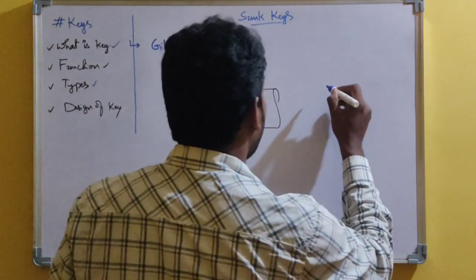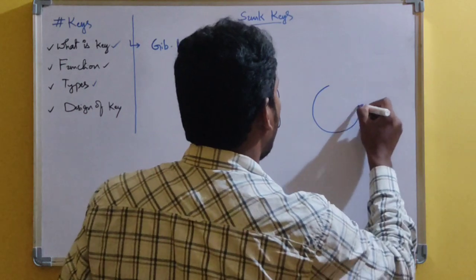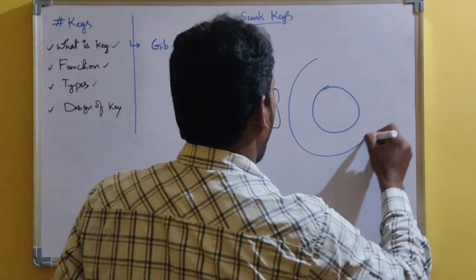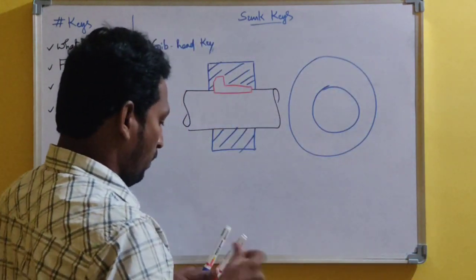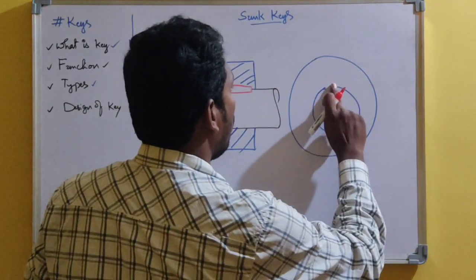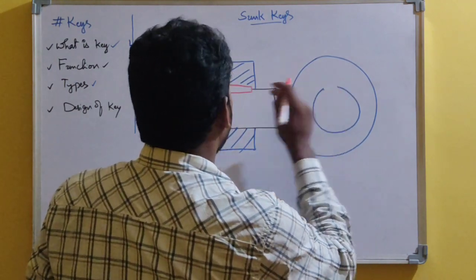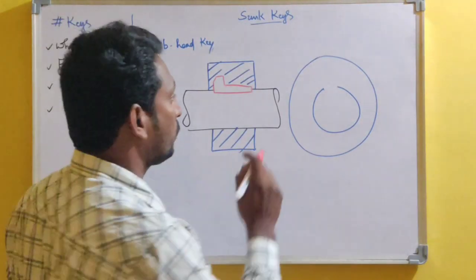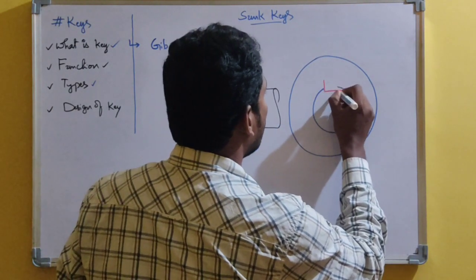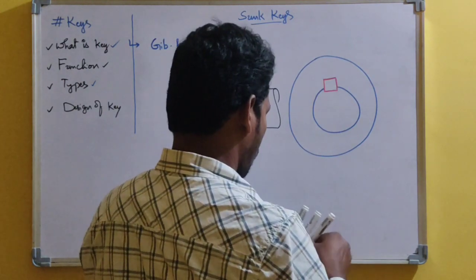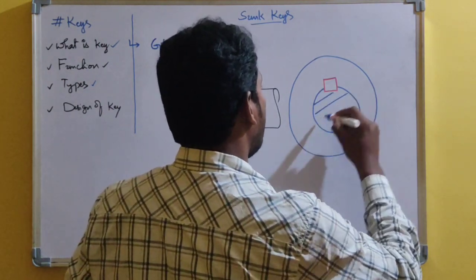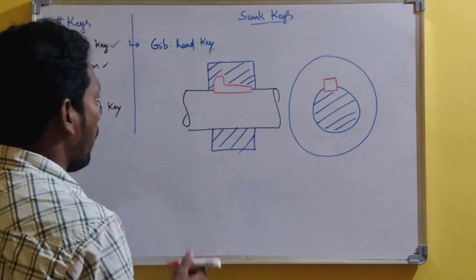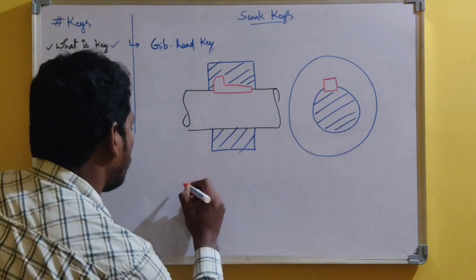So the main difference between this rectangular key and this Gibb head key is that this Gibb head key has one separate head at one end only. It will be like this. This one is a solid shaft. Now I will show you the dimensions for this Gibb head.